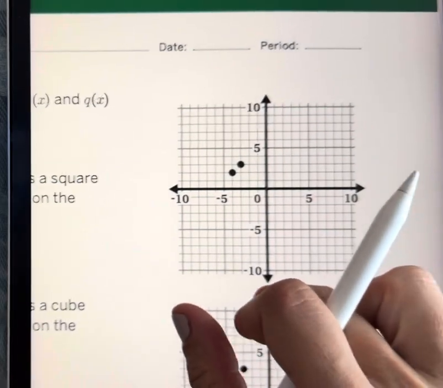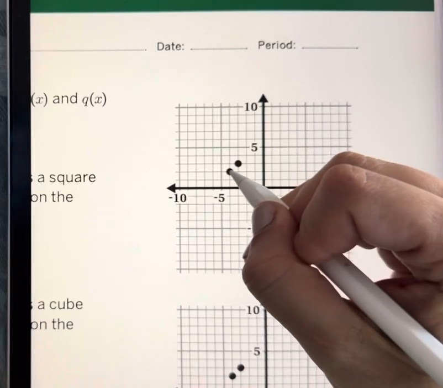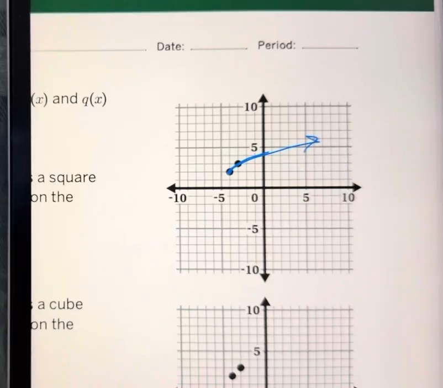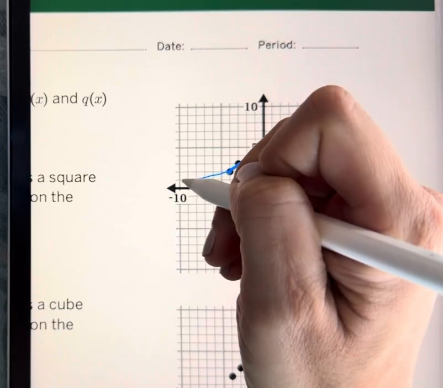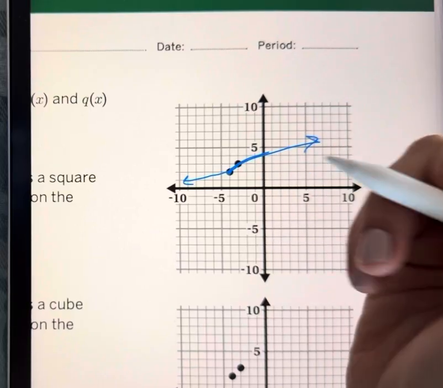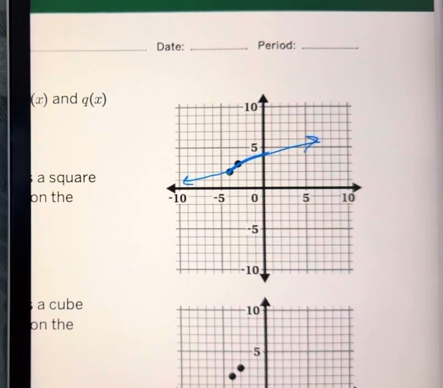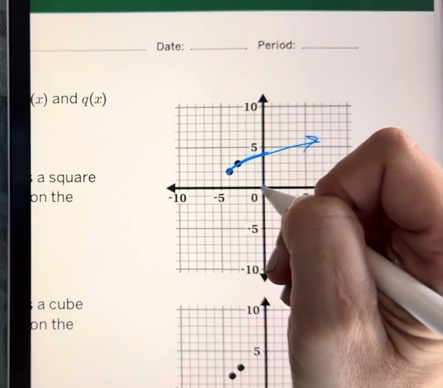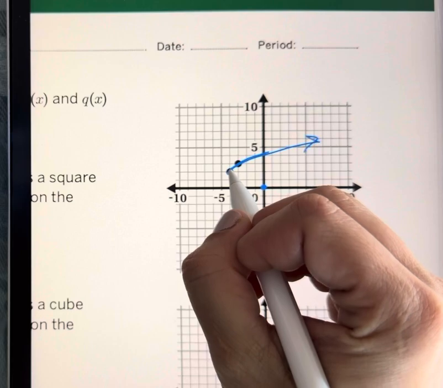So let's see how we want to do this. If this is going to be a square root function, it can just be that. Easy peasy. You could get creative and make it go this way if you want, but honestly, I like keeping it simple. So this is a normal square root function that starts here instead of here.